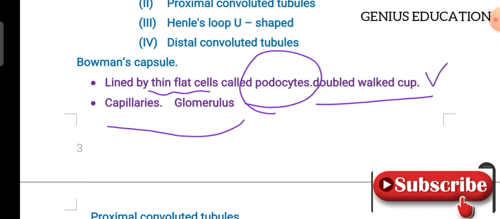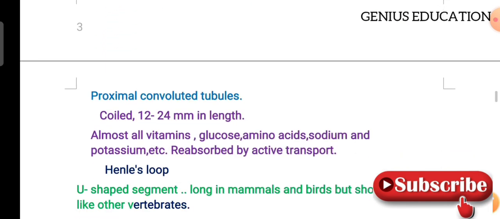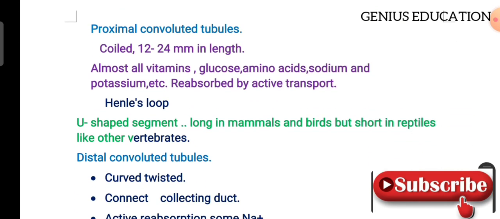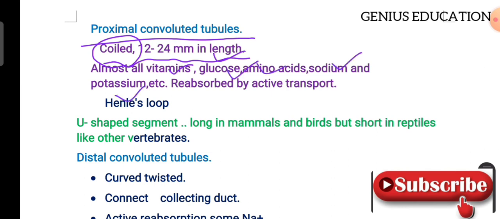The capillaries present inside the Bowman capsule are the glomerulus. The proximal convoluted tubule is coiled in structure and about 12 to 24 mm long, and almost all vitamins, glucose, amino acids, sodium and potassium are reabsorbed by active transport.